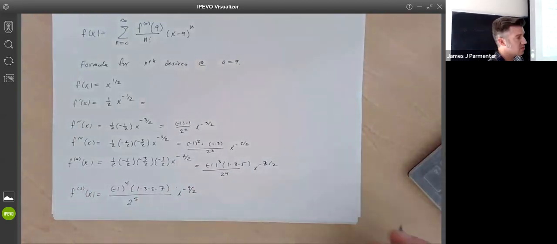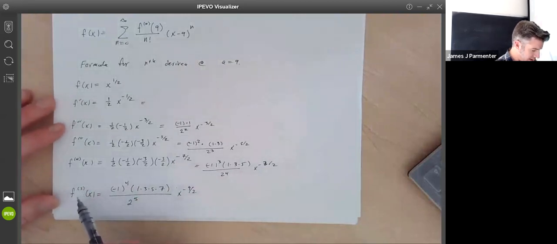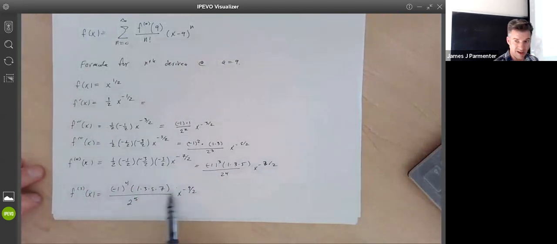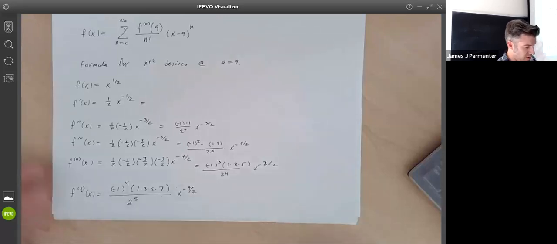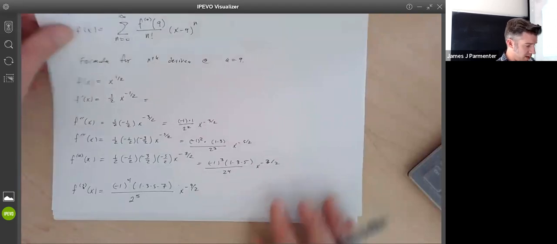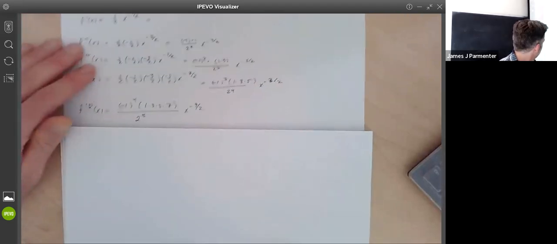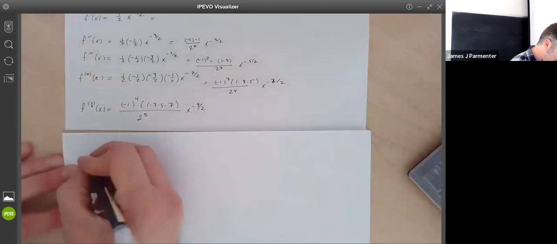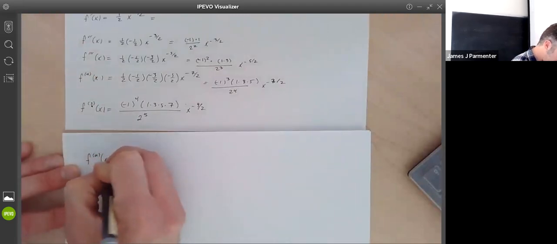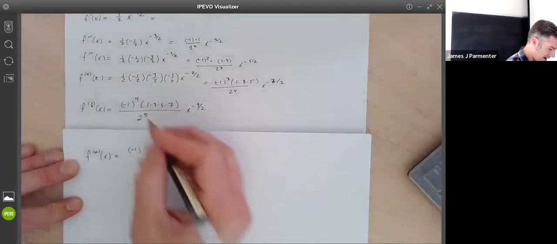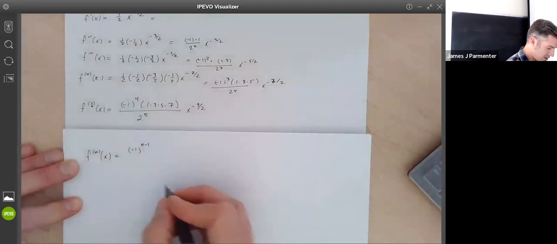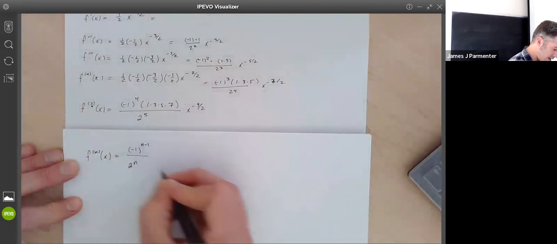So there's a couple ways you can write this. I should say, essentially it looks like the last term of this product here is twice this number minus 3, right? And you get a 2m minus 3. So there's a couple ways you could write that. You could say that your nth derivative at x is going to be, well, let's see, it's going to be -1 to the n minus 1 over 2 to the n.